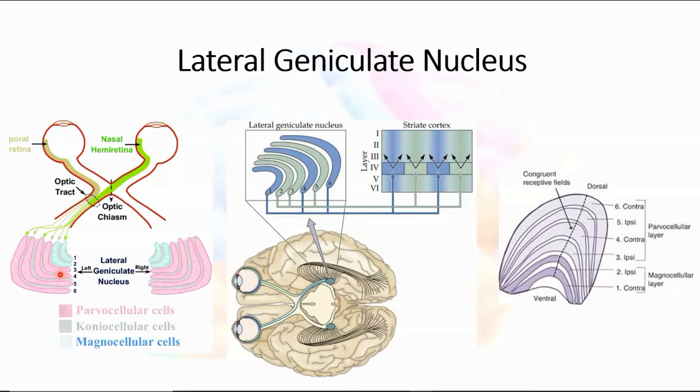In contrast, the parvocellular layers contain neurons that respond weakly to motion or movement but are sensitive to color vision, making them responsive to the what properties of visual information. Neural signals that are carried from each layer in the LGN are relayed through the optic radiation to the visual cortex.